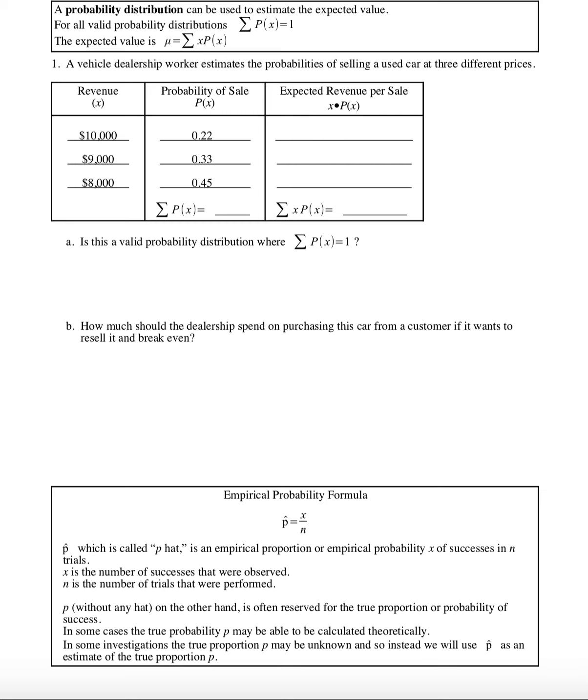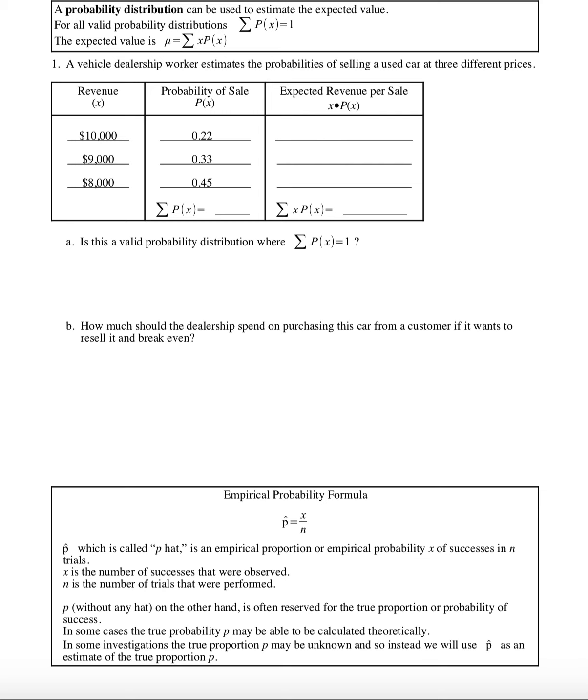A probability distribution is really great for calculating the expected value in an organized way. In this example, a vehicle dealership wants to estimate the probability of selling a used car at 3 different prices.